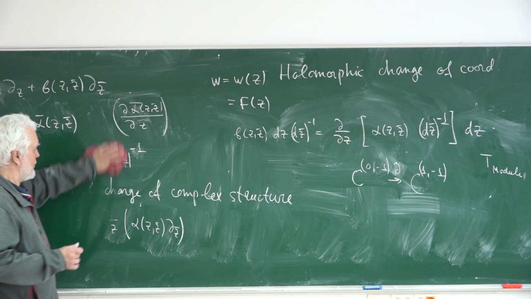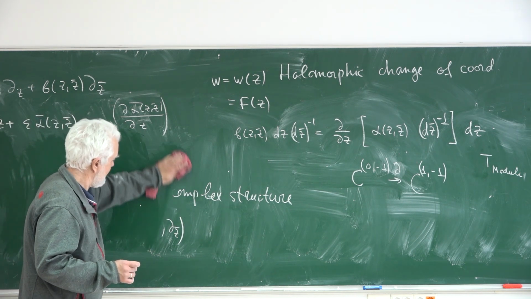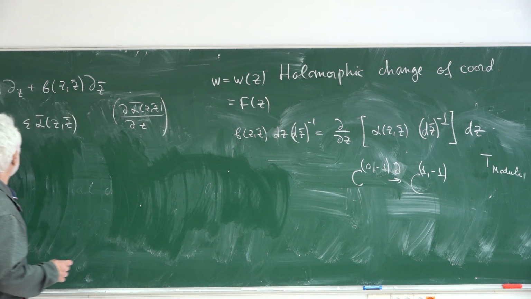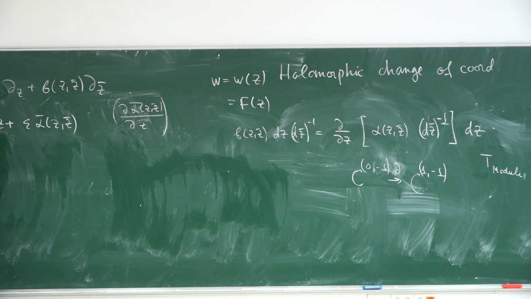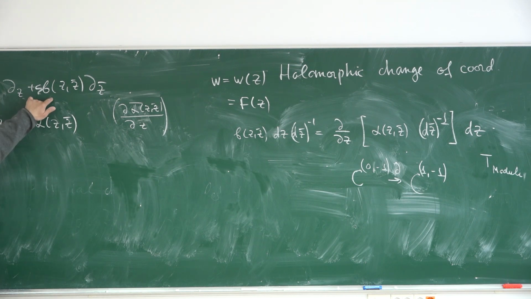Sorry, what is B? B was the Beltrami differential. So, a generic change: first of all, how do we change complex structure? We simply assume that the operator D, which defines the complex structure, is written in the form of a small variation of the operator dz.